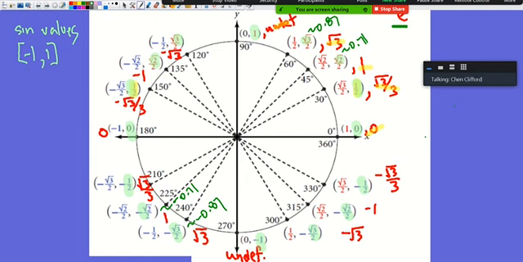Okay? Those sine values never go beyond -1 and 1. All right. So let's carry that forward into what I'm going to show you here.